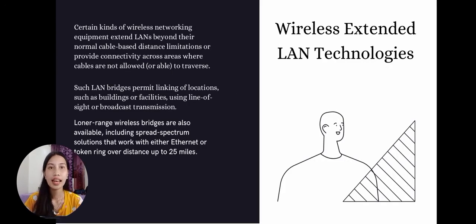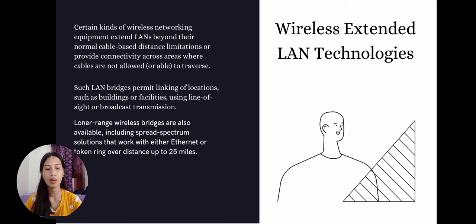Certain kinds of wireless networking equipment extend LANs beyond their normal cable-based distance limitations or provide connectivity across areas where cables are not allowed or able to traverse. For instance, wireless bridges can connect networks up to 3 miles or 4.4 kilometers apart. Such LAN bridges permit linking of locations such as buildings or facilities using line of sight or broadcast transmissions.